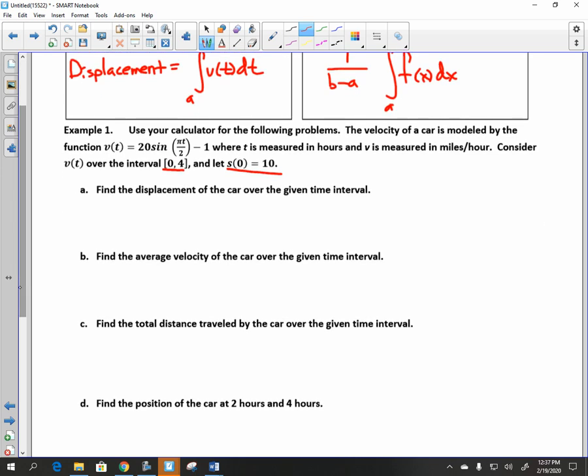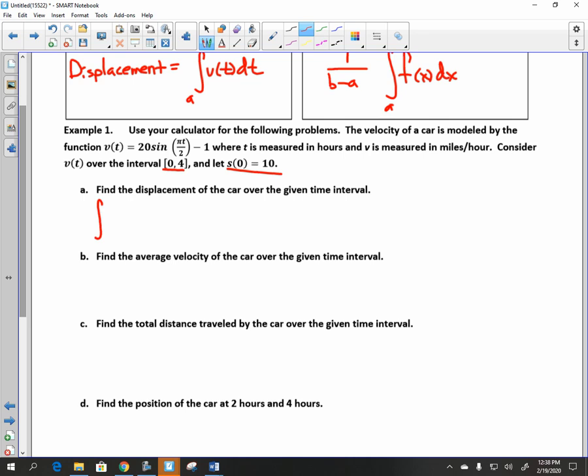Okay. Here we go. It says, find the displacement of the car over the given time interval. How do we find displacement? On your AP exam, this is what you will have to write. I want to be clear. If you don't show the work that I'm writing down, they will not give you credit. And I will also say that none of my college professors would have given me credit either if I did not write this down.